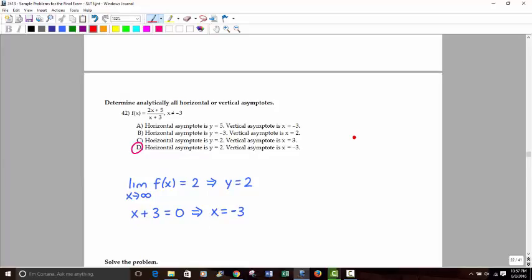Asymptotes. Okay, horizontal asymptotes, basically the limit as x goes to infinity. Either infinity is fine, but positive infinity is good. So this one you can see 2x over x has the same power, so it's just 2 over 1. So since the limit as x goes to infinity equals 2, that means the horizontal asymptote is y equals 2.